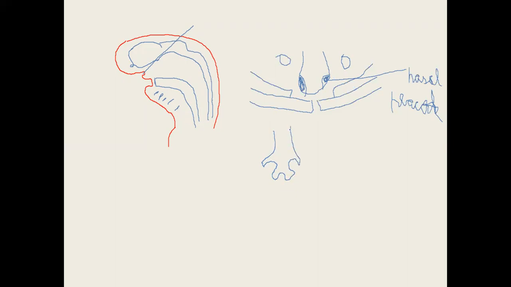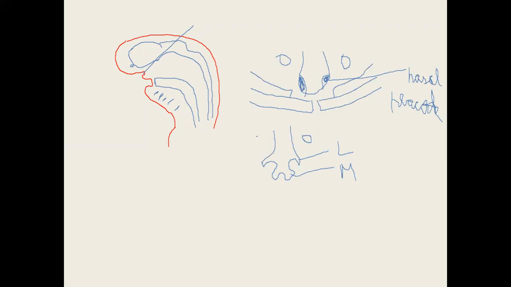These pits will divide this nasal prominence into a lateral nasal prominence and a medial nasal prominence. So we will now have a pair of lateral nasal prominences and a pair of medial nasal prominences.